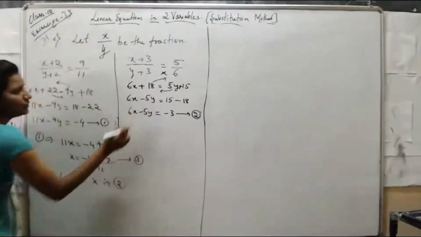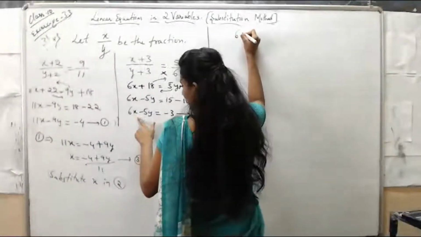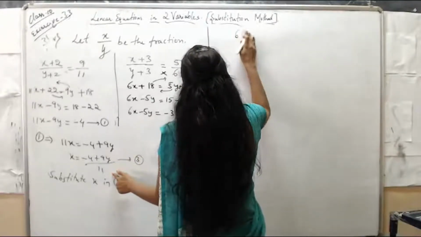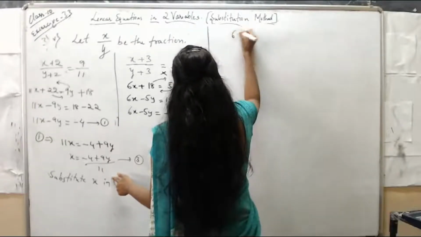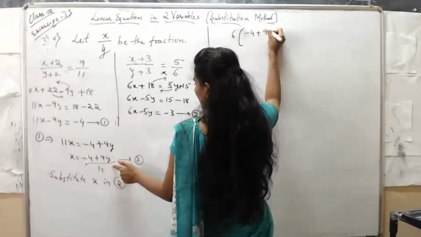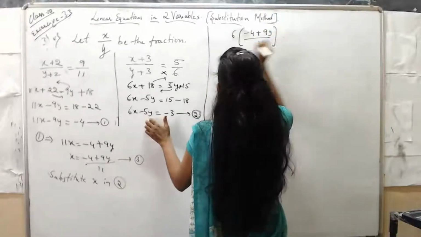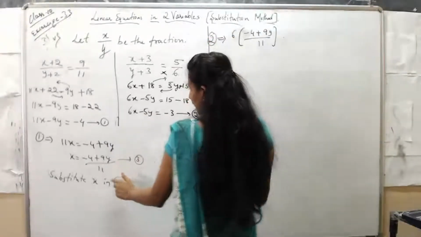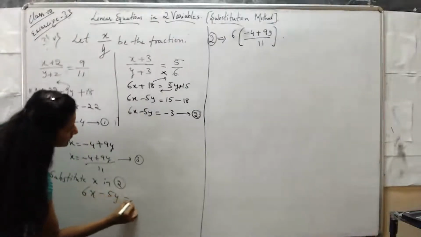What is equation 2? 6x minus 5y is equal to minus 3.